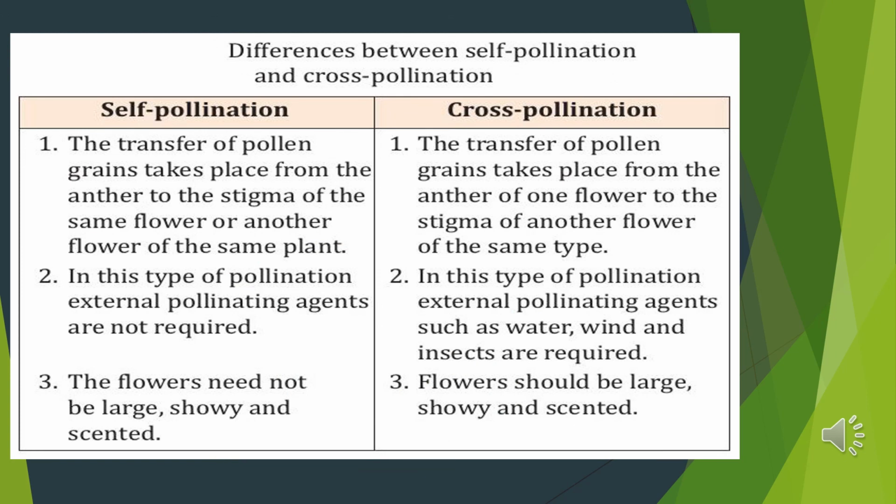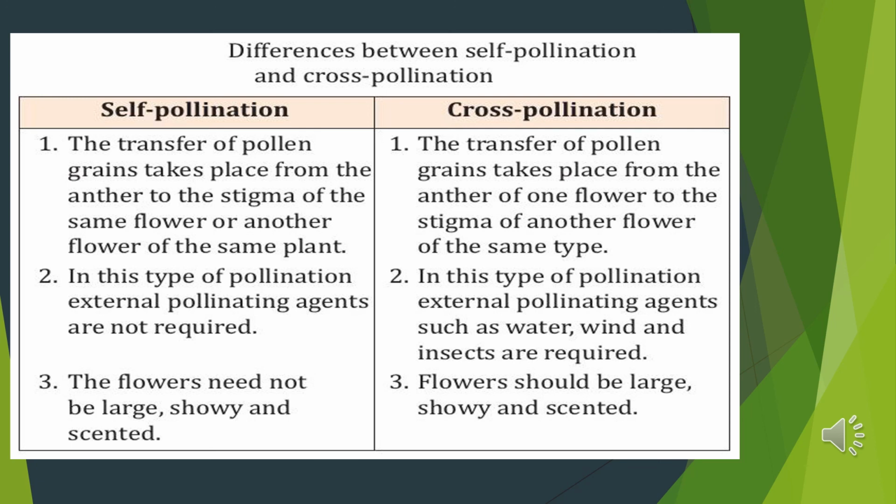Differences between self-pollination and cross-pollination. You can write this in your own language also. Self-pollination means transfer of pollen grains takes place from the anther to the stigma of the same flower or another flower of the same plant. In cross-pollination, the transfer of pollen grains takes place from the anther of one flower to the stigma of another flower of the same type.